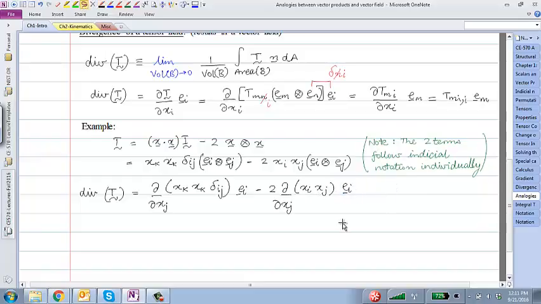Do you agree that what I've written here is straight away from the definition of the divergence of a tensor field? That if the tensor had the components mn, and actually I contracted n out with i, so if the components of the tensor were mi, what I got was that the divergence would be T_mi comma i, where i is repeated and m is repeated. So there are really 9 terms in here.